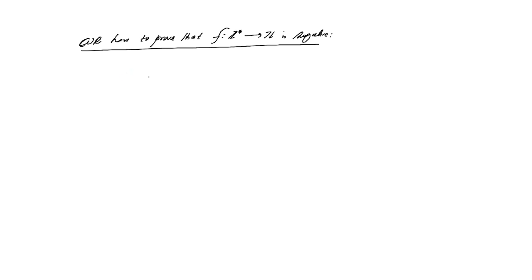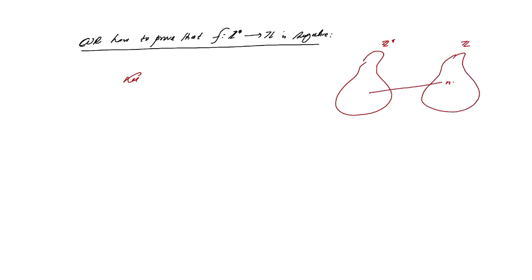So this is your Z star, and here the Z. We have taken an element n belongs to Z. So let n belong to Z, and this is our codomain. Then we have to produce two cases.